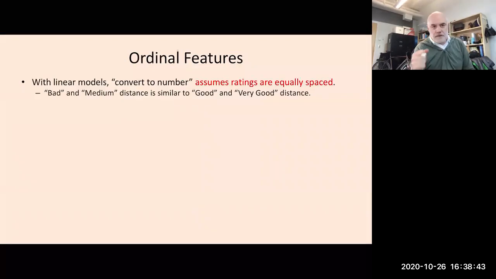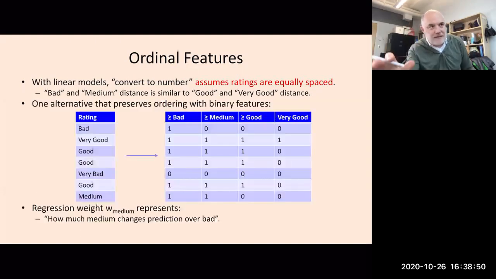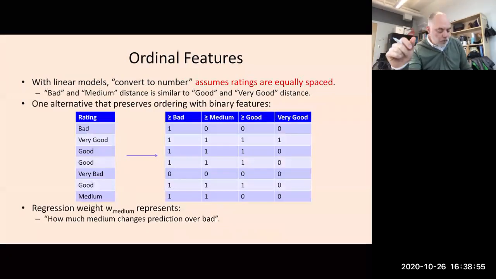But with linear models, you might want to do something a little bit more, because if you just convert them to numbers, it assumes that the ratings are equally spaced. So here is just a nice idea for you to look back on in the future if you're ever doing a regression or classification with ordinal features.